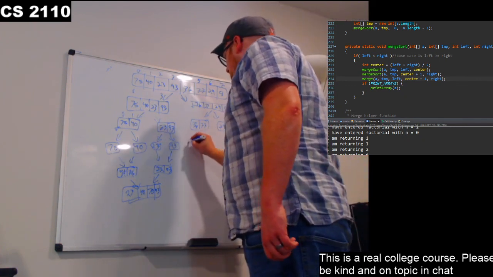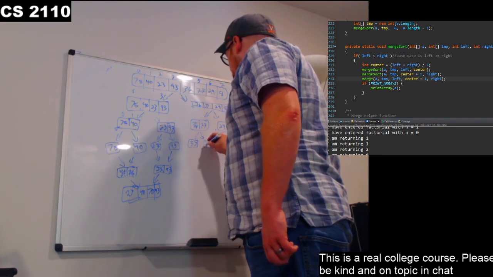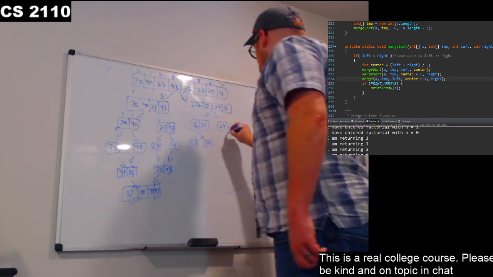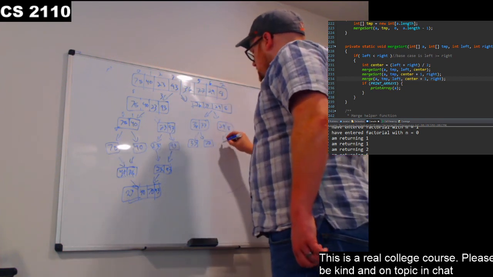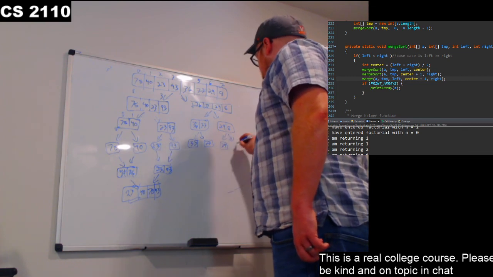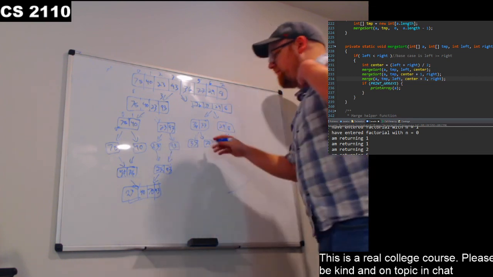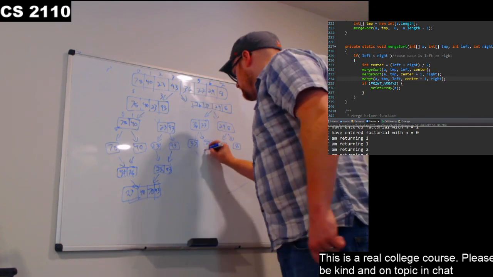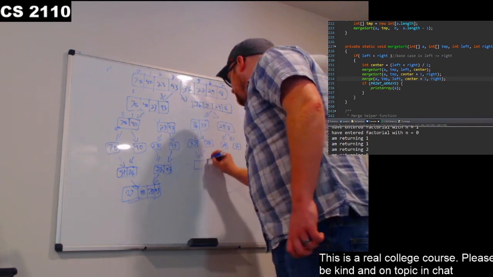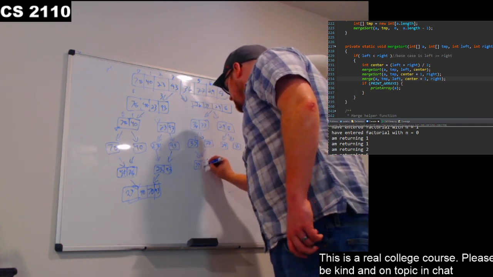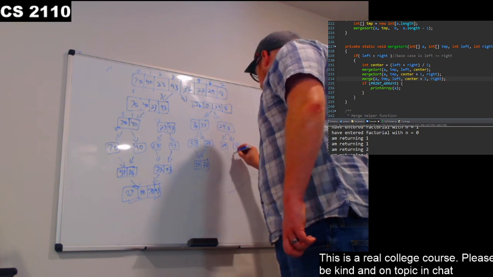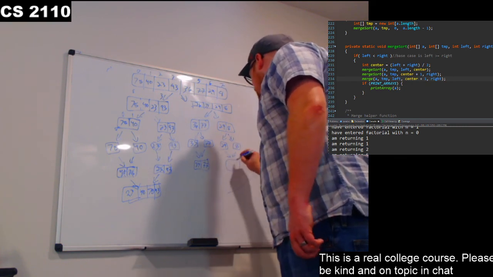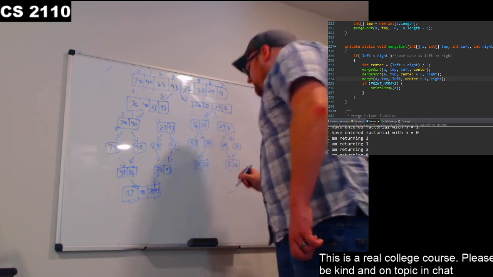So 33 and 77. 29 and 8. We then merge. And these actually merge in order, 33 and 77. And same with the right half. Actually, we switch the order here. It becomes 8 and 29.